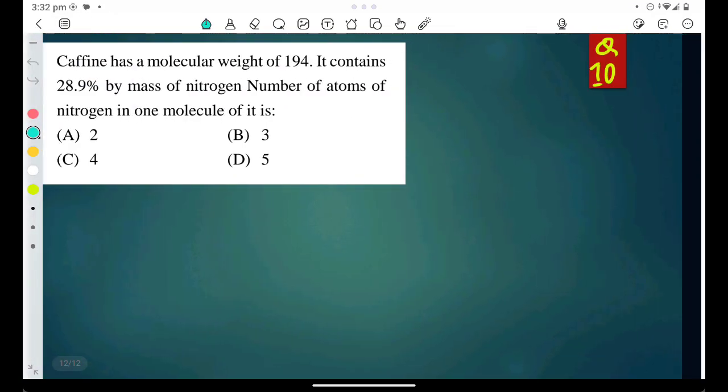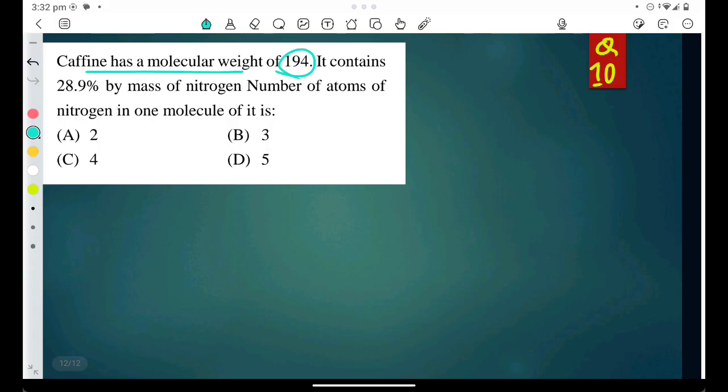Moving to the next question, we have caffeine has a molecular weight of 194. Caffeine is there in coffee and many other carbonated drinks. Caffeine is used to give you instant energy, but it is very harmful and injurious to your health.